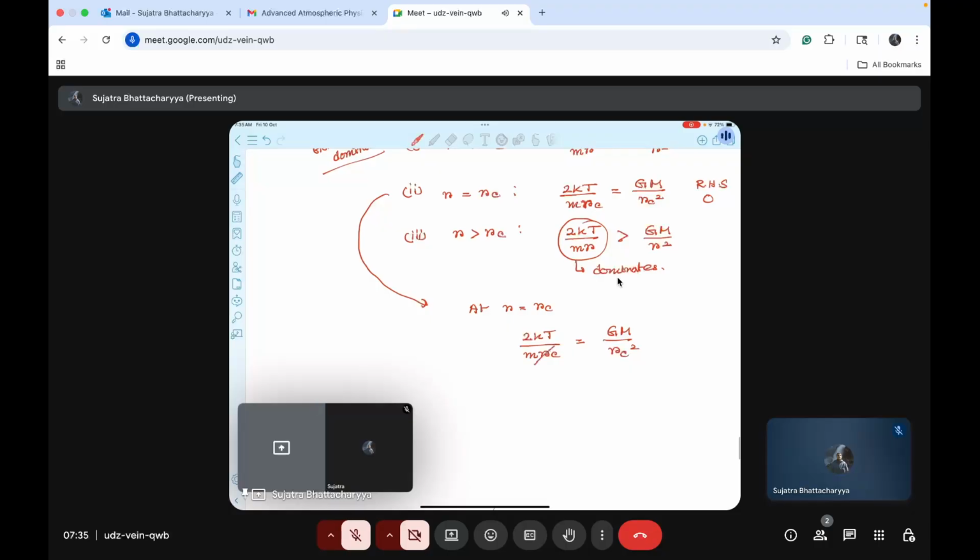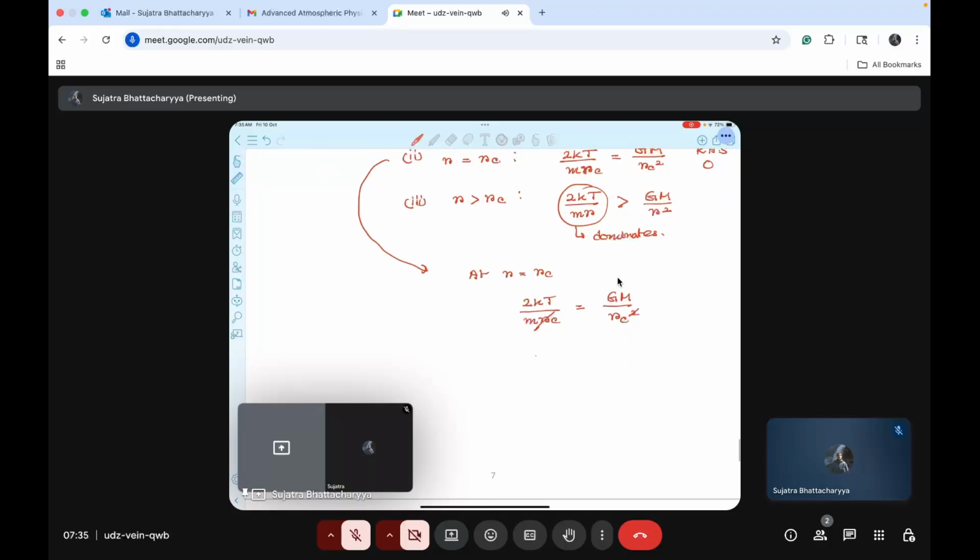So we can remove one factor of rc. Therefore rc becomes GMm divided by 2kT.